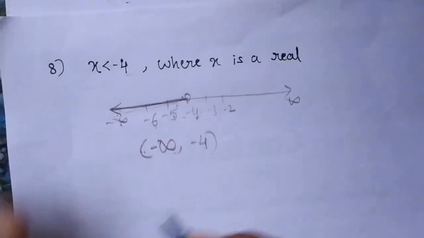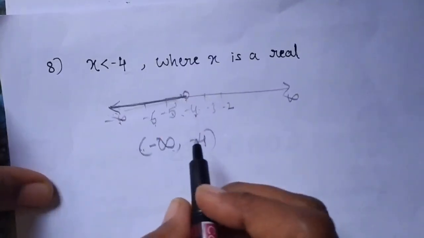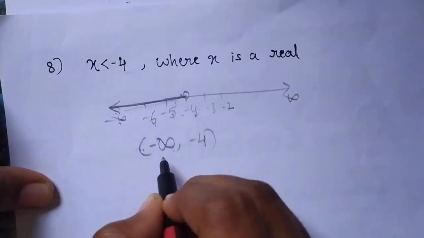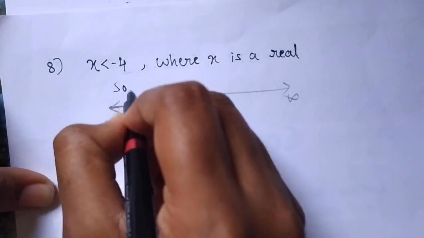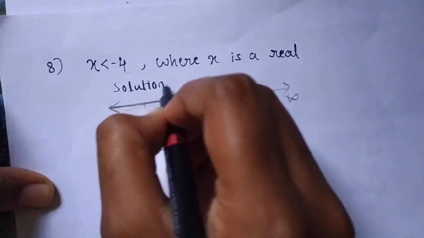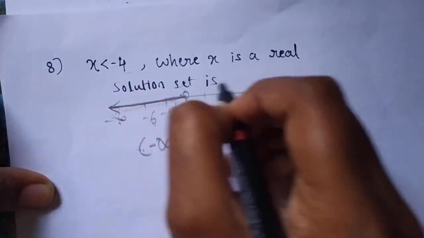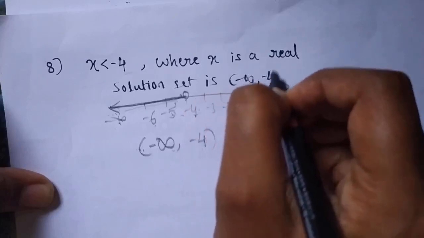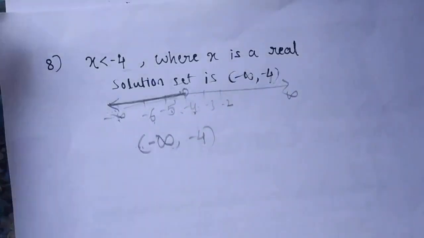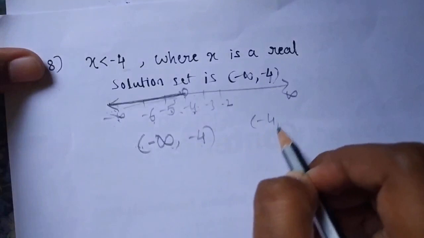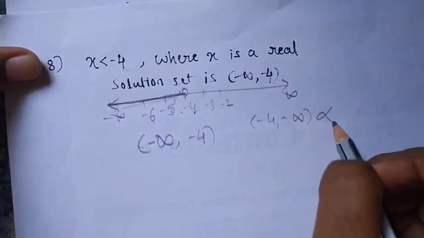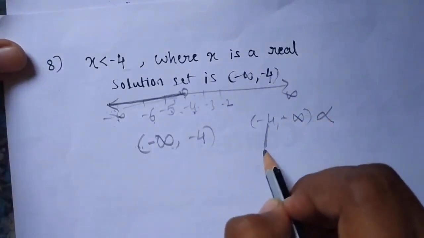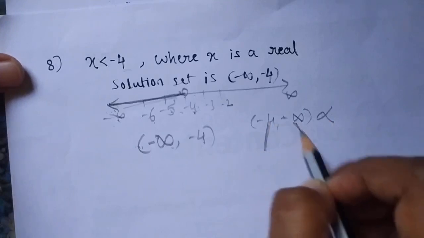Therefore, the solution set for this inequality is minus infinity to minus 4. Don't write this as minus 4 comma minus infinity. This is wrong. Always the smallest value is written first and the largest value is written next.